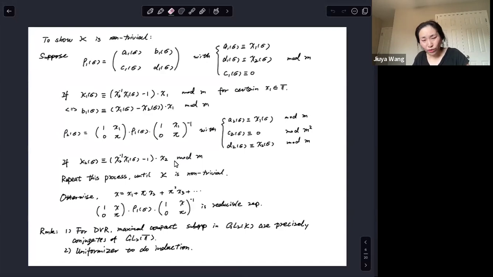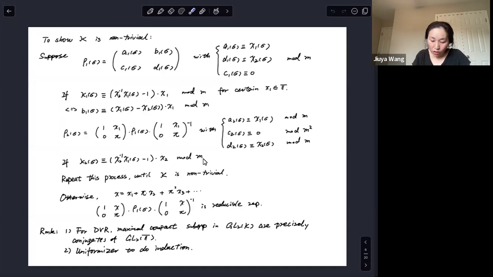If you never find a non-trivial cocycle, then you can construct the element x, which is x_1 plus pi times x_2 plus so on, and conjugating the Galois representation rho_1 using this special element x will give you a reducible representation. That contradicts the irreducibility assumption we started with for the Galois representation inside Z_p.